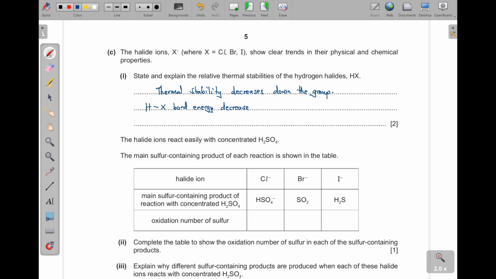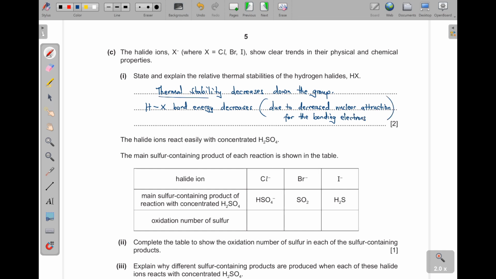So bond energy decreases down the group. Okay, why? This is due to decreased nuclear attraction for the bonding electrons.